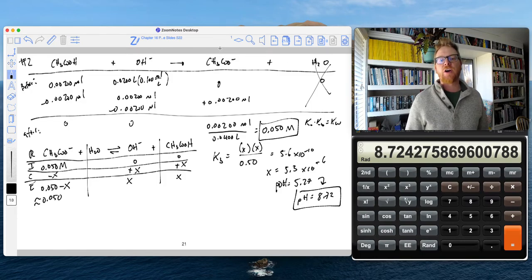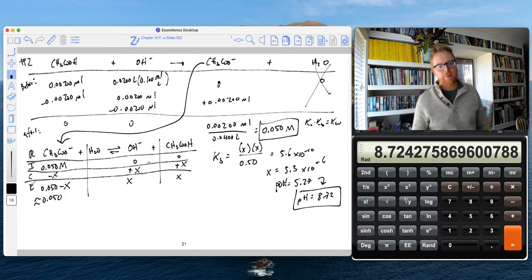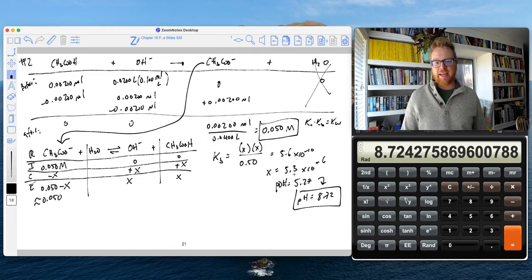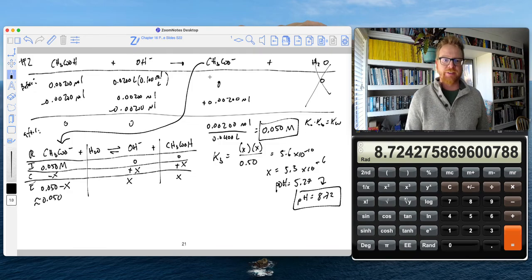We then need to start a new RICE table where now my final product ends up becoming my starting reactant. We then did a new RICE table, and we can't use Henderson-Hasselbalch because this is no longer a buffer. And then that allows us to get the pOH, which eventually gets the pH. So again, pretty lengthy on these equivalence point calculations because it involves both the before and after table and a RICE table, and I want you to be able to do these style of calculations.